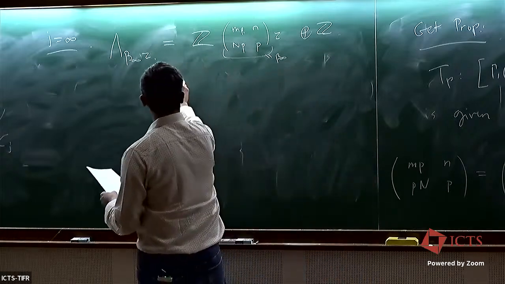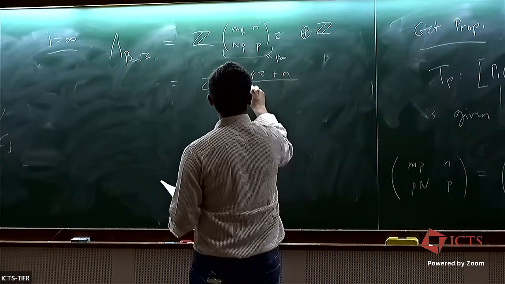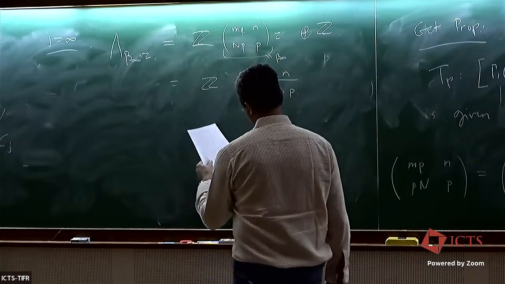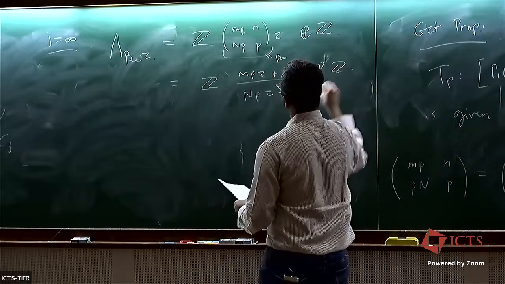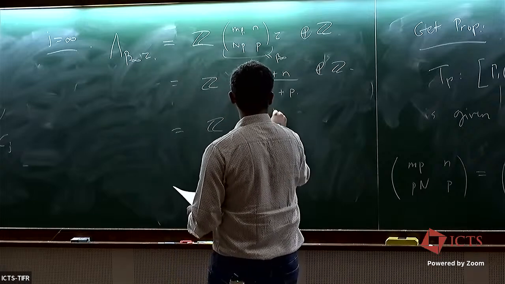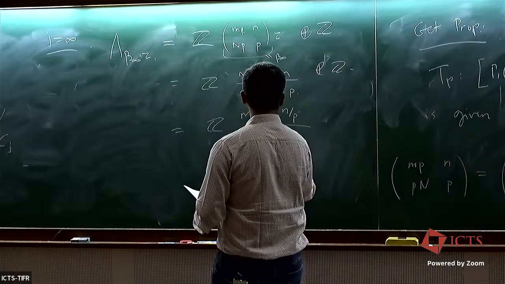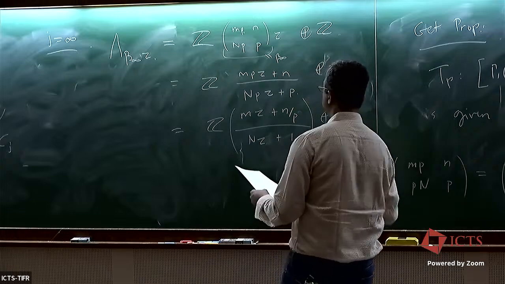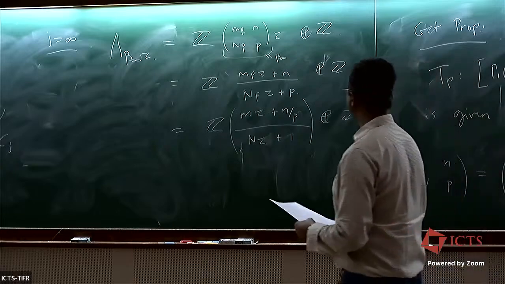Let's expand that a little bit. This is Z times (m p tau plus n) over (n p tau plus 1), plus Z. Sorry, I should skip some of these steps. Let's divide by p. We get (m tau plus n over p) over (n tau plus 1), plus Z. So let's rewrite it this way.